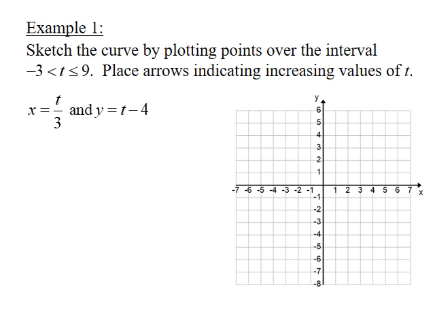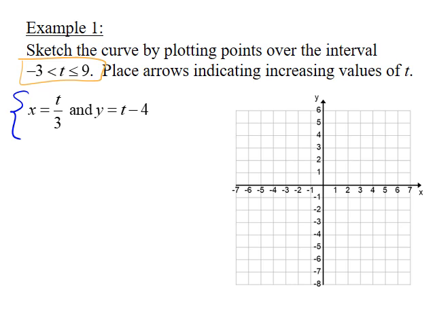Here is our first example, and our parametric equation is this. Notice we have one equation for x, one equation for y, and we are interested in values of t from -3 to 9, where -3 is not included, but 9 is.